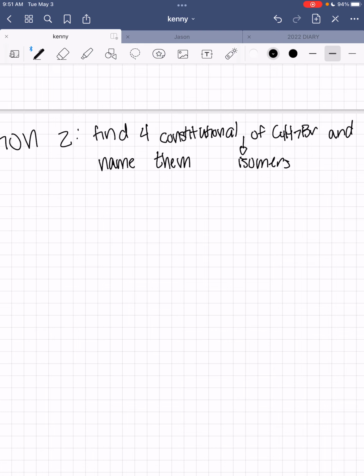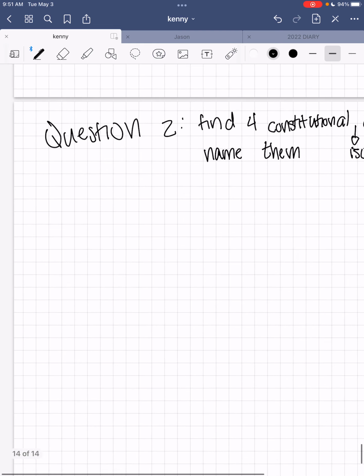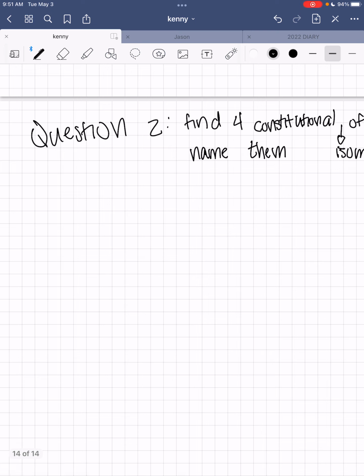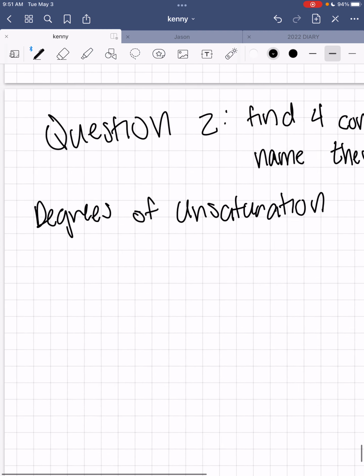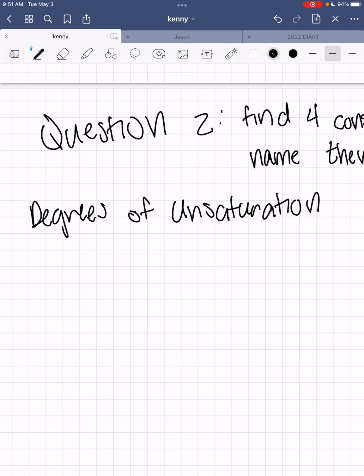C4H7Br and name them. But first, when you have a problem like this, you should use the degrees of unsaturation formula to find how many rings or multiple bonds, but in this class we're only going to focus on rings.